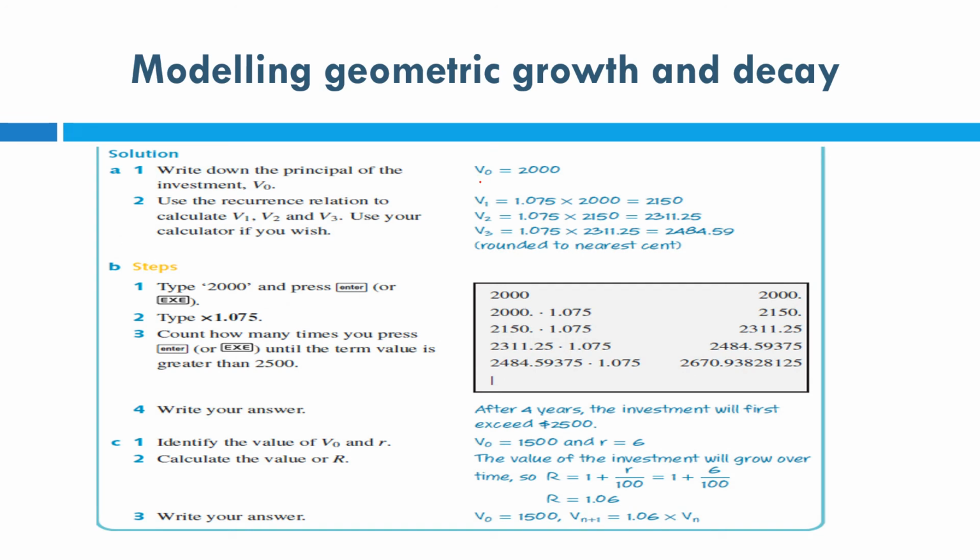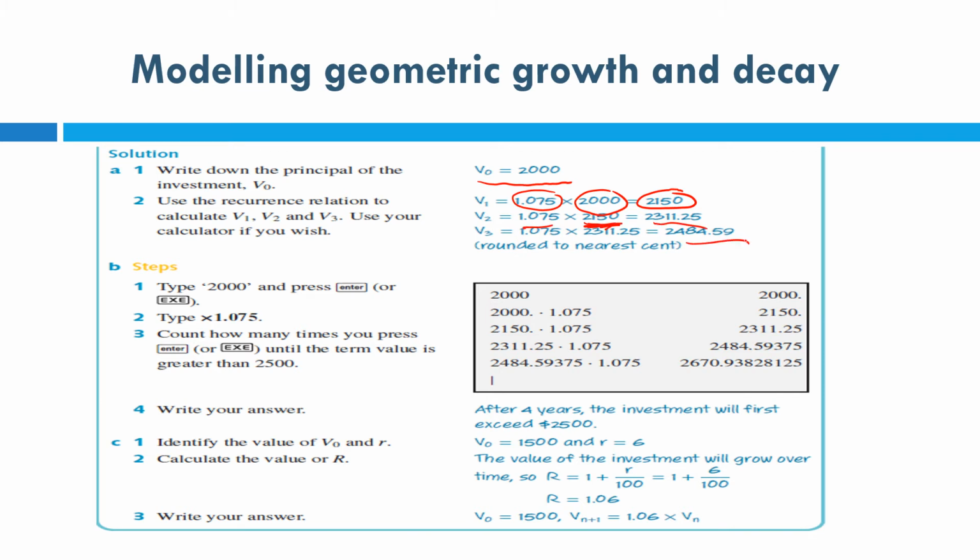In this case, we've got V0 is $2,000. V1 would be R times that amount to give us $2,150. Then we would use that answer and times it by R again. There it is there, and we keep doing that.